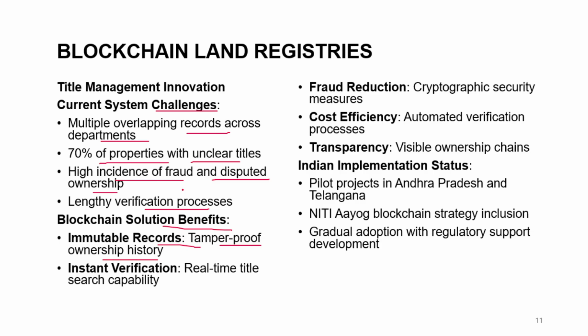Instant verification enables real time title search capability, and then cryptographic security measures reduce fraud, and the automated verification process improves the cost efficiency, and transparent ownership chains enhance the market confidence. So basically these are the solutions which are providing the benefits.